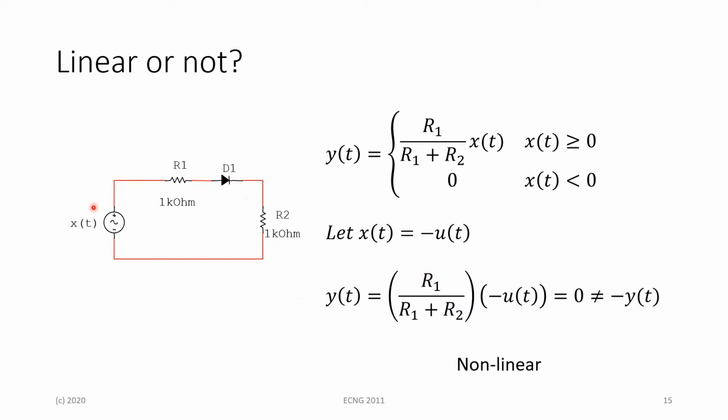So, a truly resistive system will always be linear. But once you have any other components besides resistors within your circuit, be it diodes, capacitors, inductors, and so forth, your system is no longer linear.